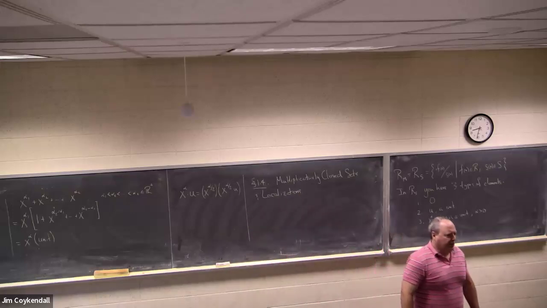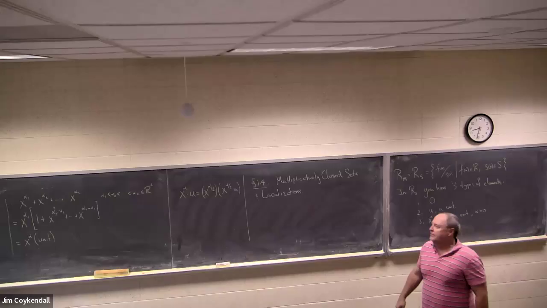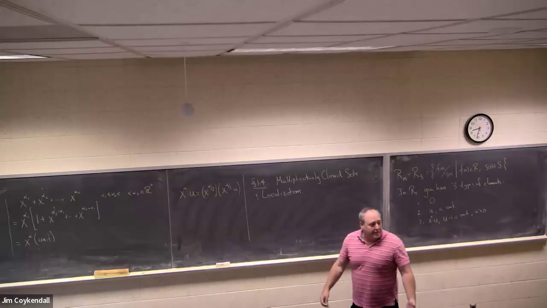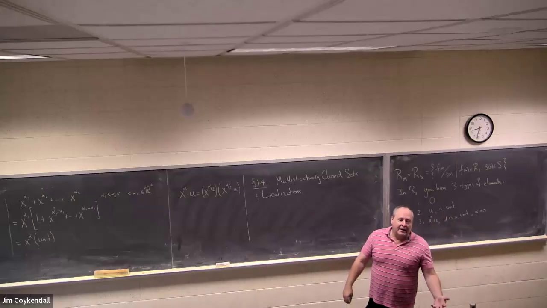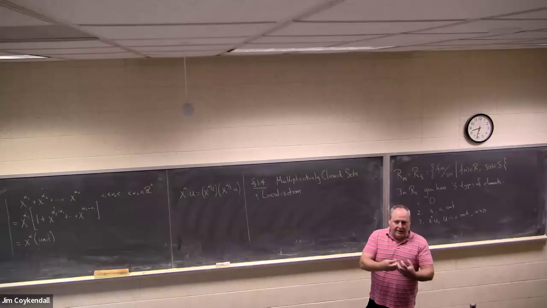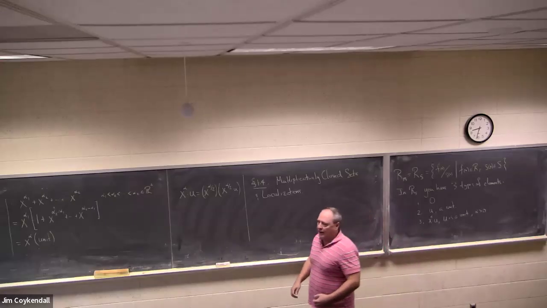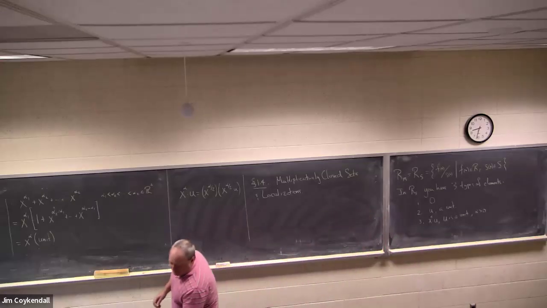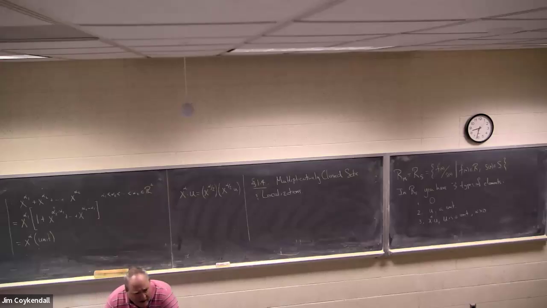Multiplicatively closed sets, I think, are very well named. It's very suggestive terminology. What does it mean to be a multiplicatively closed set? Well, it's a set, and if you take two elements in it and you multiply them together, it's still in there. If you add them, who knows? But if you multiply them, they're still in there.